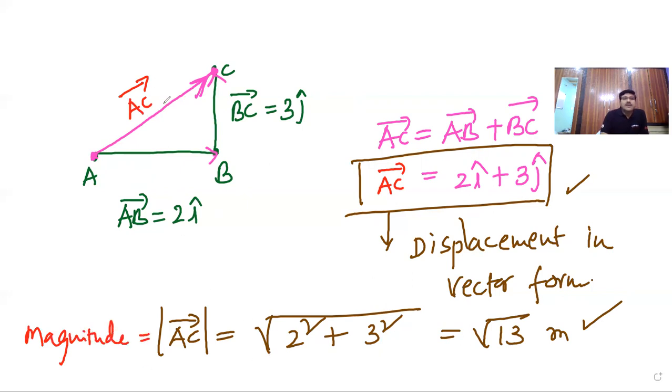Okay, direction is always from A to C. Clear? Simple concept by means of the vectors. By using general mathematics, you can calculate simply the vector form also. The displacement is a vector. Okay. So this is how we have calculated the simple displacement. Let us take up the second problem.